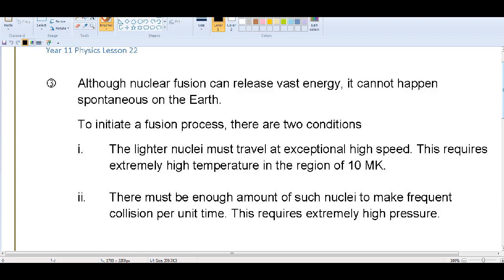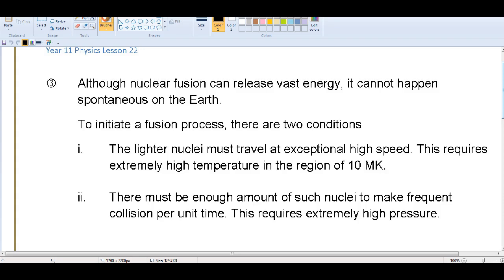There must be enough nuclei to make frequent collisions per unit time. That's the second condition. So you need a lot of such lighter nuclei around. In what situation will you have a lot of lighter nuclei around? You need to contain them in a small space, so that means extremely high pressure.